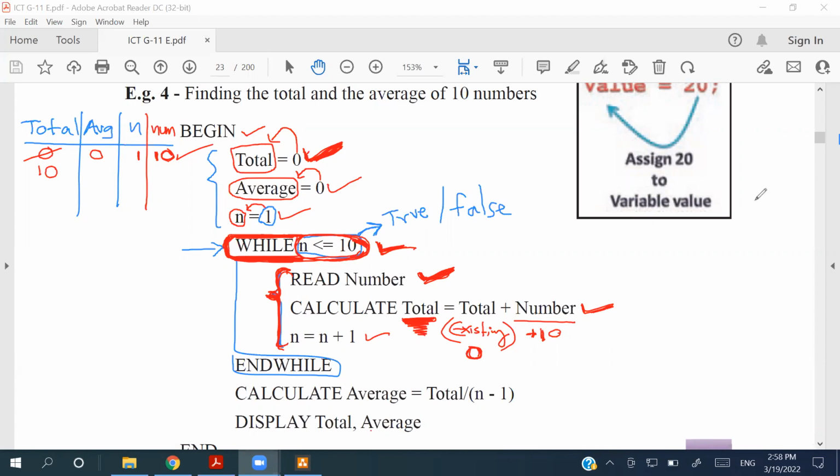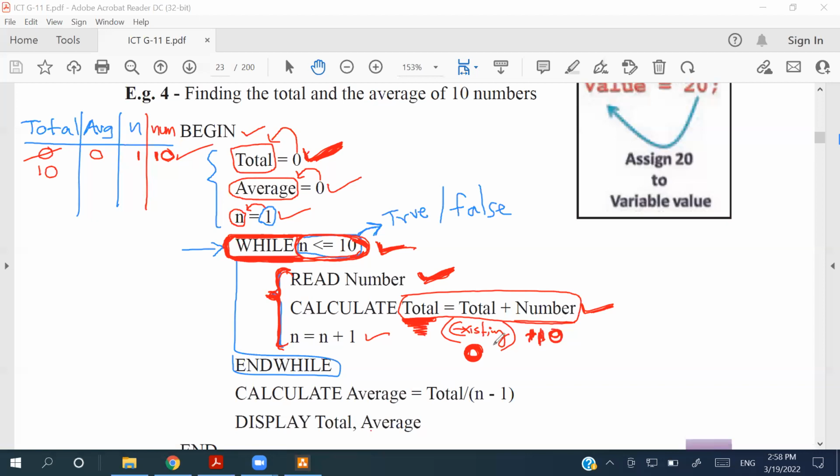Right. Ravindu, what has happened is, from this equation, it is illustrating: take the existing total, which is 0, and add it to the number that we have entered.